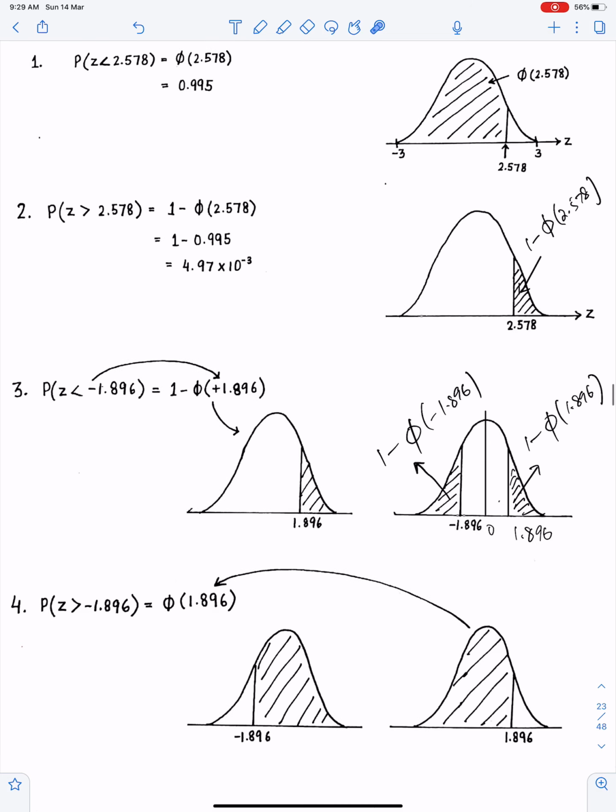So whenever we have negative numerical value, we will always write that value as positive because we always use symmetry. So you have to learn this thing. For negative numerical values of z, always write phi positive. But one thing is very important.